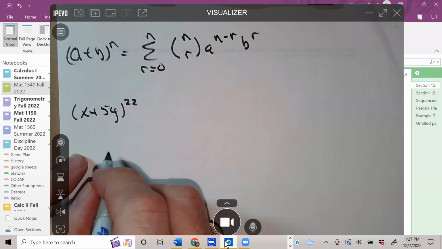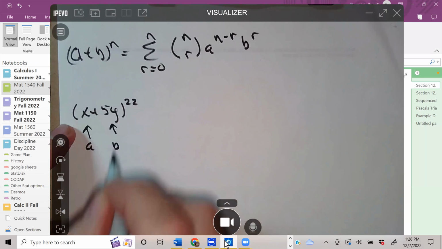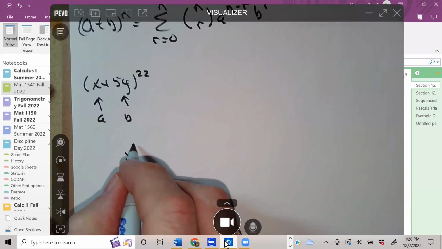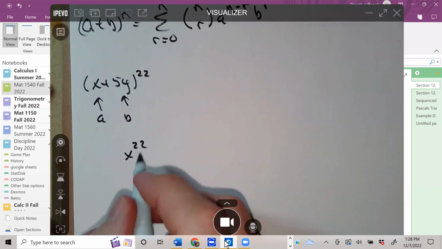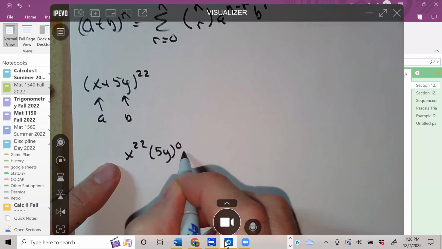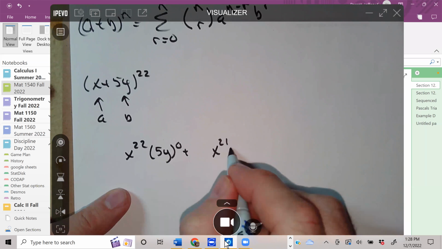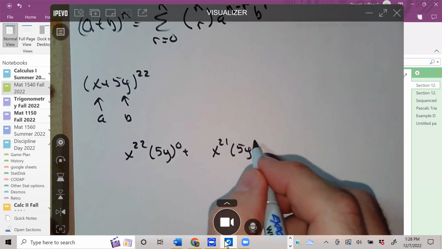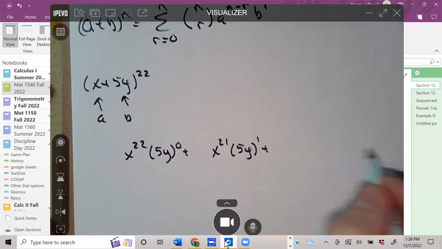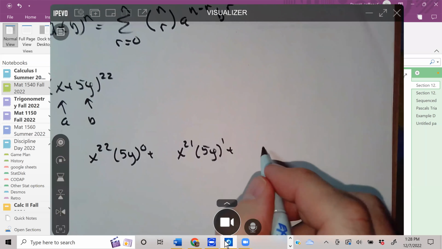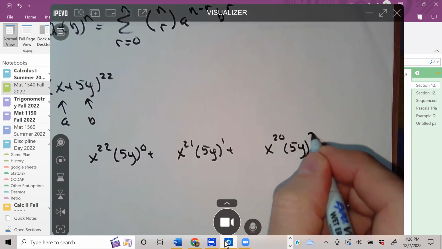I'm going to start out with A, B, start with x to the 22nd, and then 5y to the 0 plus x to the 21st times 5y to the first power. And then let's leave a little bit more space, x to the 20th and 5y squared.